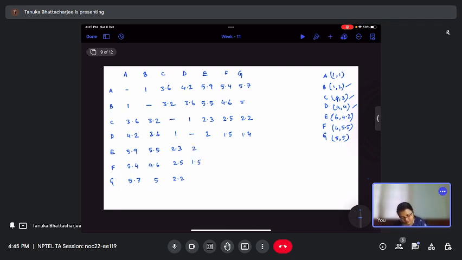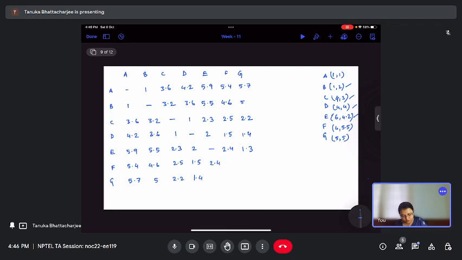Same this side. Now with E, the distance between E and F will be 2.4, and E and G will be 1.3.